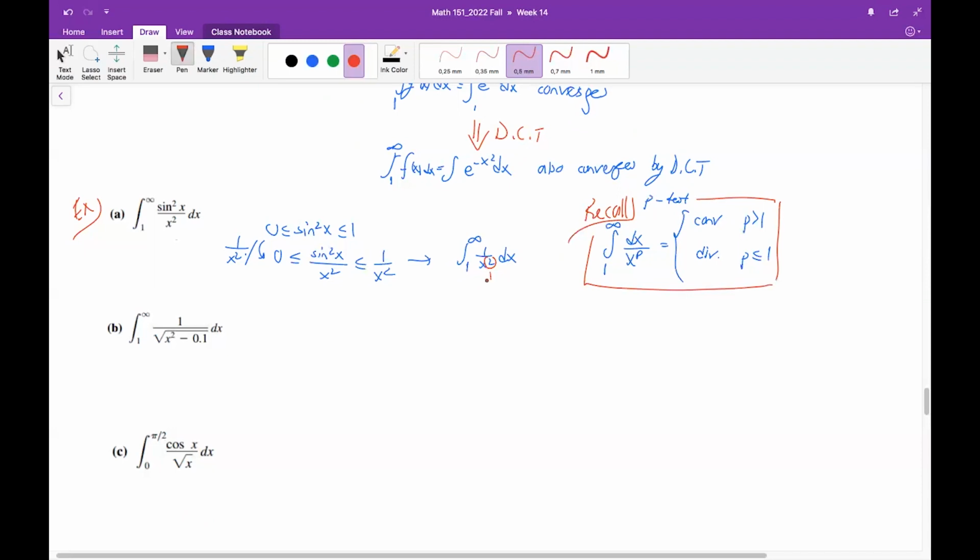So let's see, what is p here? p is 2, which is bigger than 1, so we are in this case, right? That's why this improper integral converges by the p-test, as p equals 2 is bigger than 1.